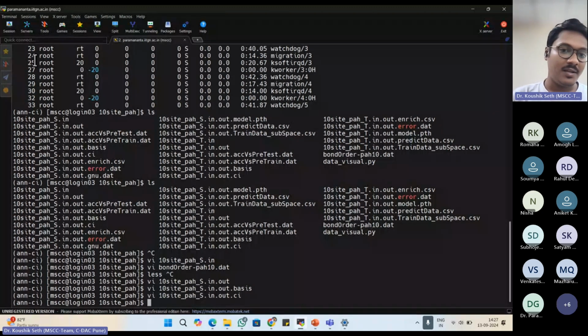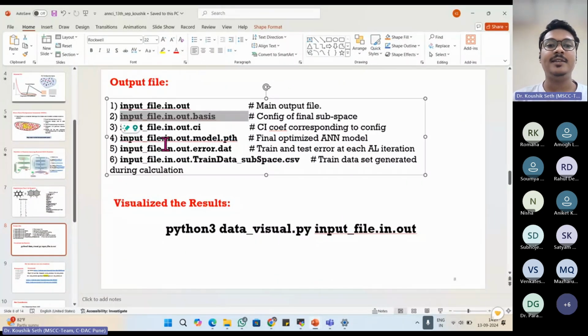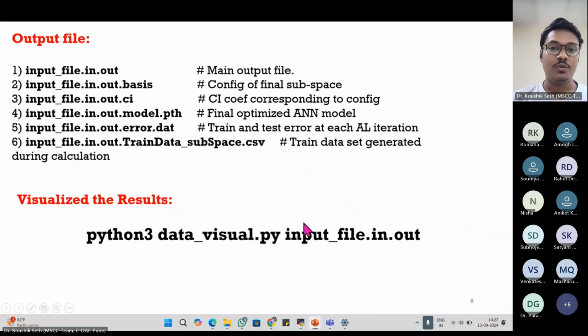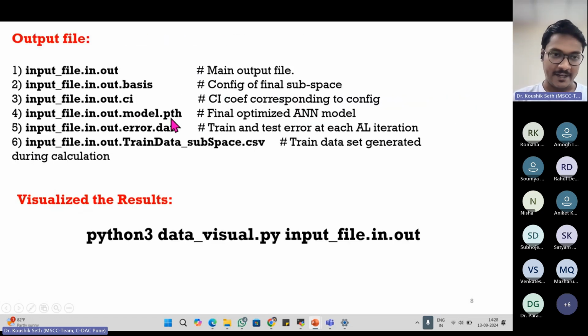There is also another thing: the input file dot out dot model dot path. The neural network we optimize during the calculation is saved in that file. If we want to restart our job for further calculation, our saved neural network model is in that file.